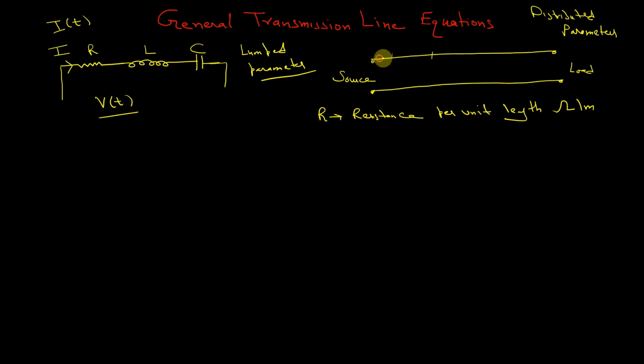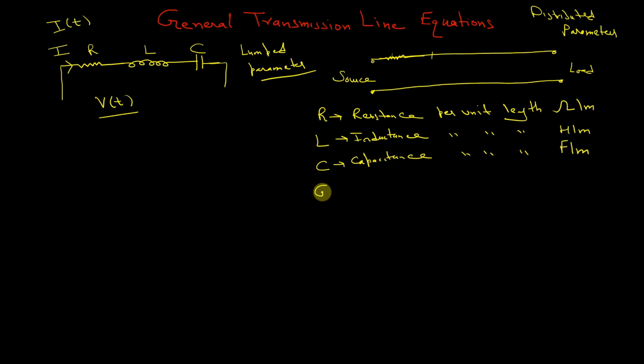So this is the resistance, and L is the inductance, because in a two-wire transmission line we also have inductance, but it is also distributed. So inductance per unit length, and the unit is Henry per meter. We also have capacitance, so capacitance per unit length, and the unit will be farad per meter.